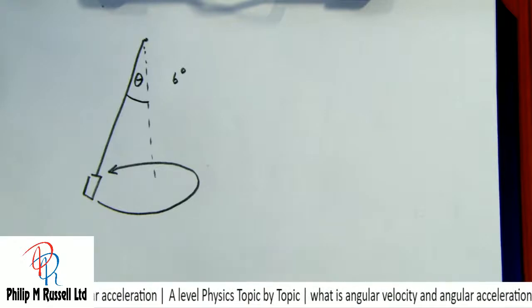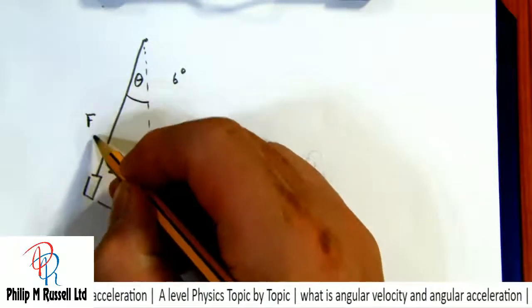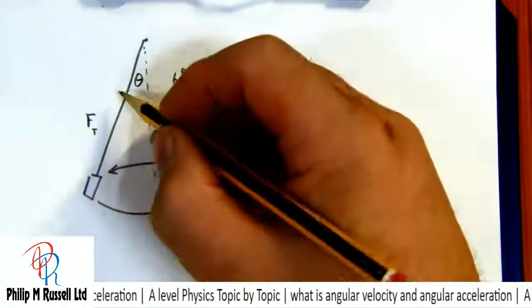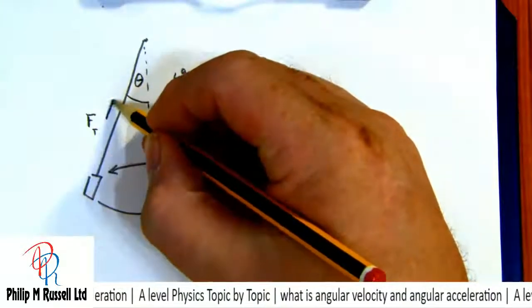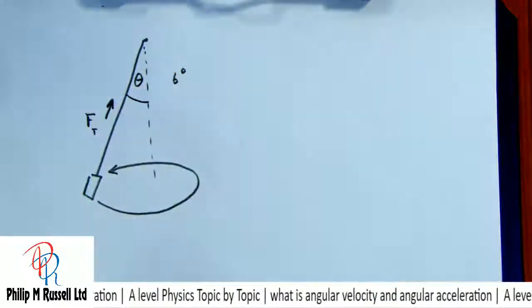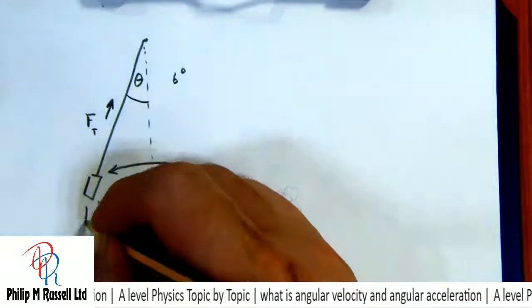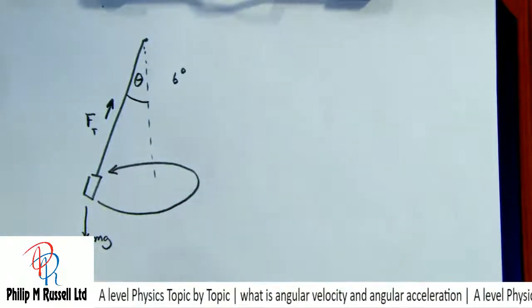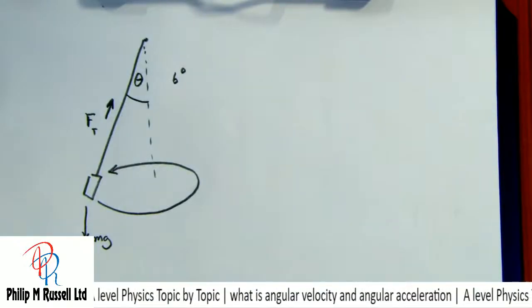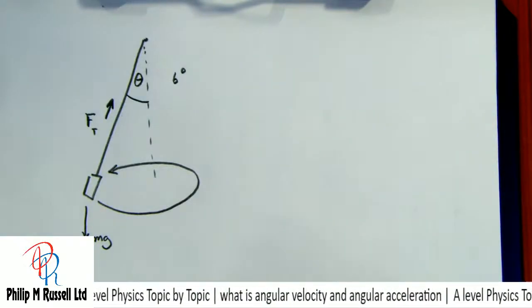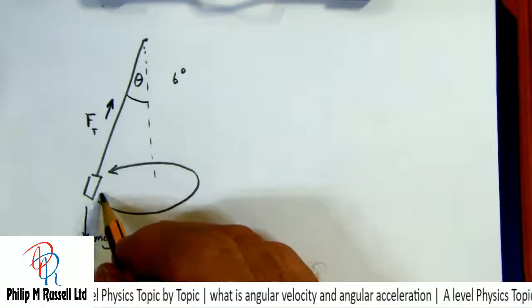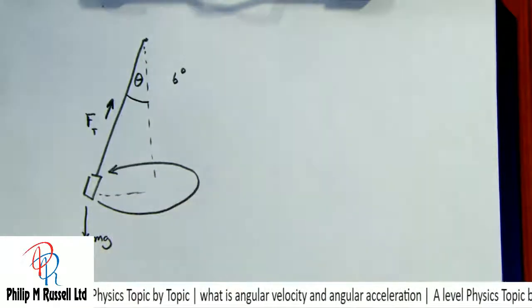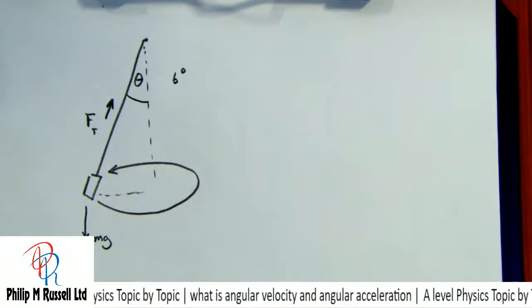We've got some sort of force here, some sort of tension force going up, and we'll have the force of gravity of this mass pulling it down. And what we do need to know here would be here simply my radius.